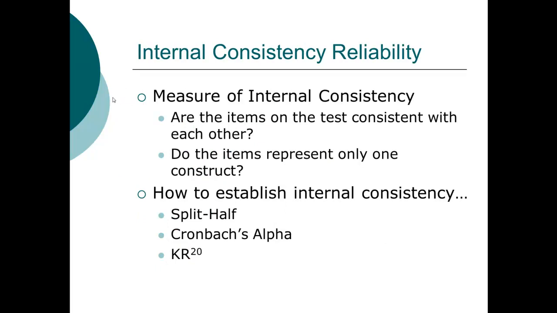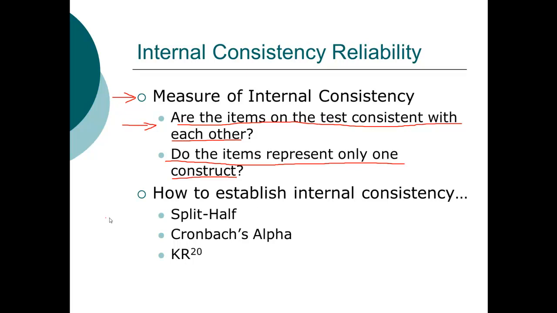Internal consistency. And remember, that's about taking every item of the test and measuring it against the total score. Well, that gives you the opportunity to look at each item. Are they consistent with each other? Do these items represent only one construct? Are they focused on only one thing and one thing only?